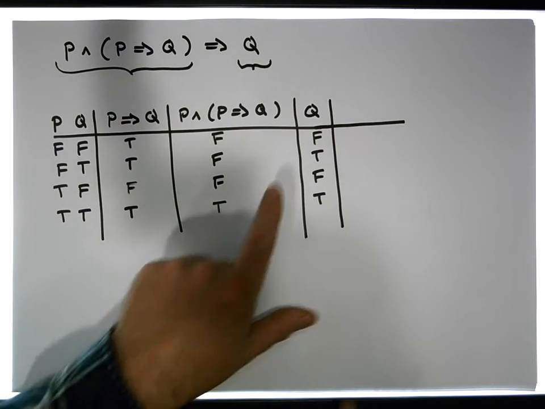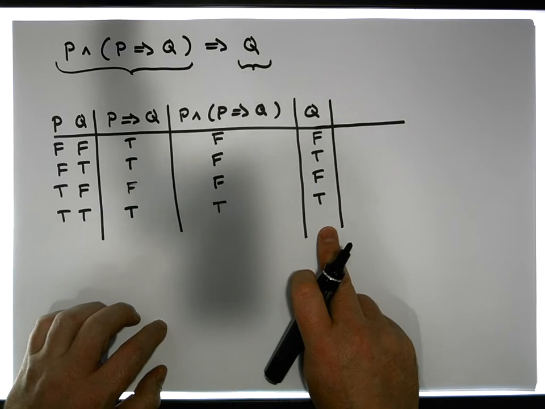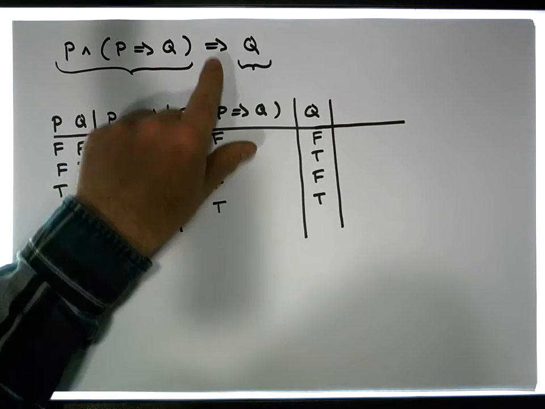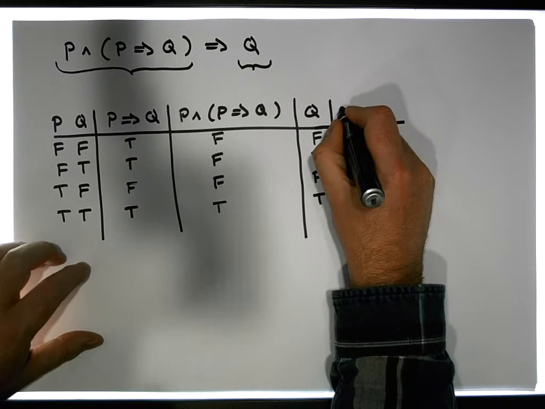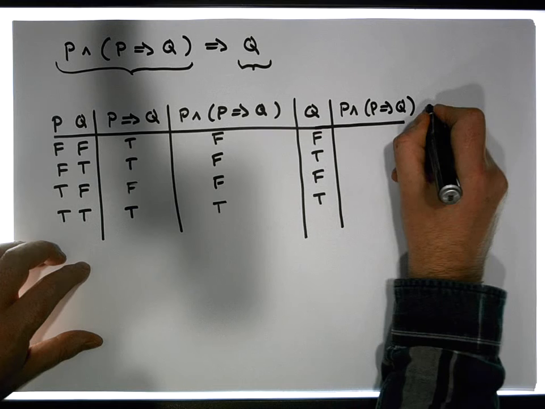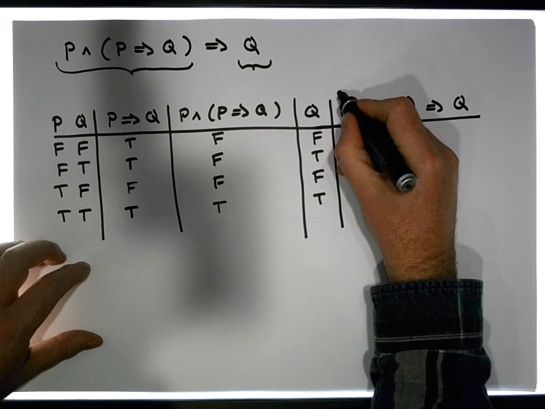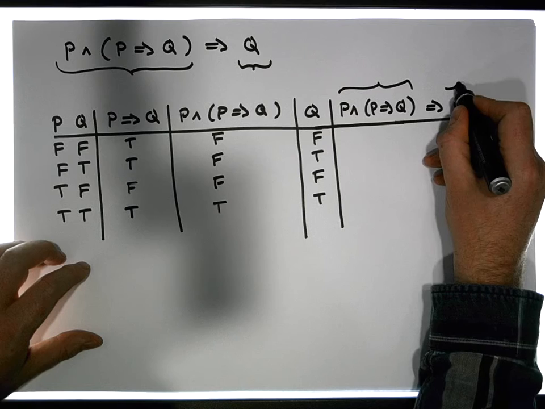Now consider this to be the premise for this implication and this to be the conclusion. We're going to define P ANDed with P implies Q implies Q, where the premise is this thing here and the conclusion is this thing here.